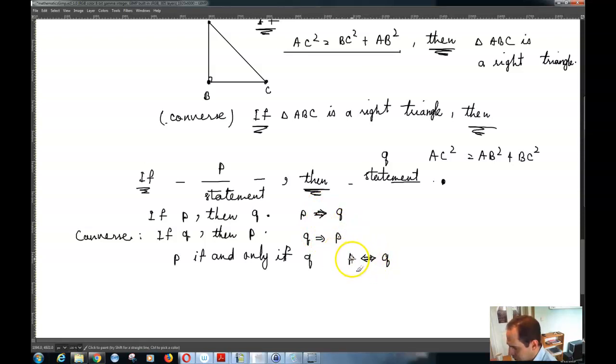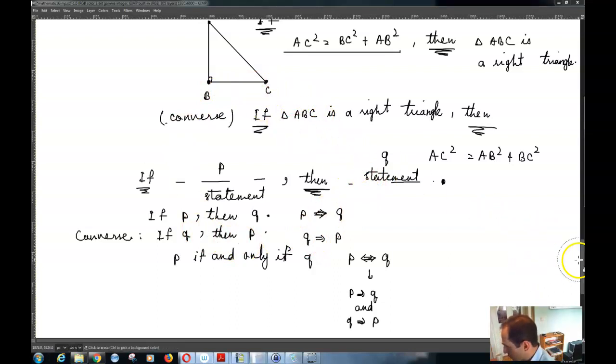This is read as P if and only if Q. What this means is that if P then Q, and if Q then P.